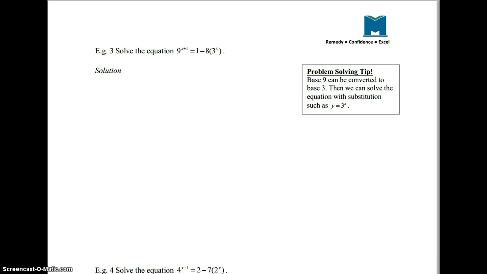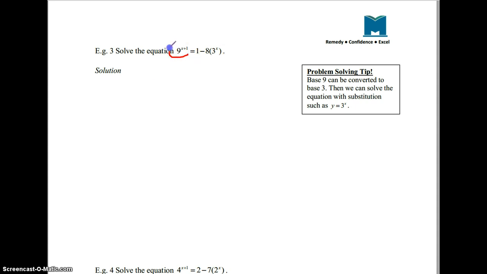Okay, I am going to do example 3 instead, because this is the part where it differentiates between E-Maths and A-Maths indices. So let's look at this question. 9 to the power of x plus 1 is equal to 1 minus 8 bracket 3 to the power of x.